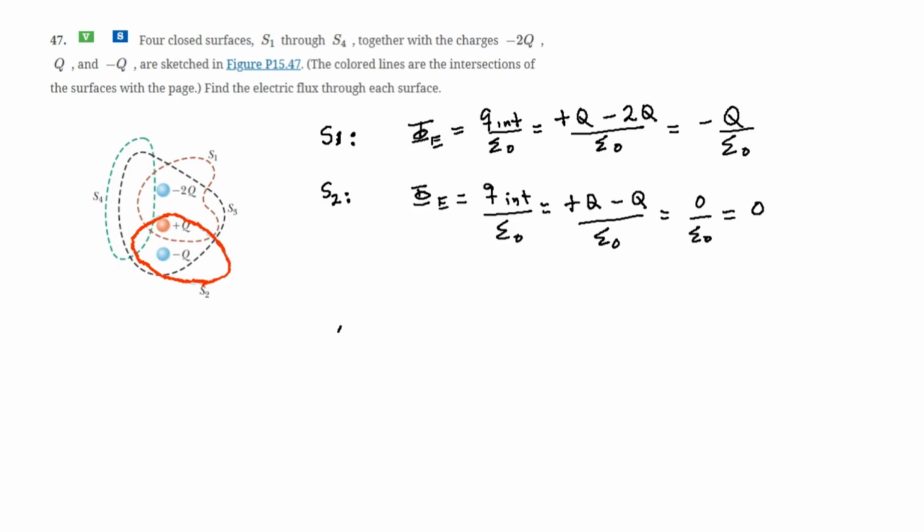Let's do the same now with S sub 3. So I will highlight now in red S sub 3. S sub 3 is this bit of surface.